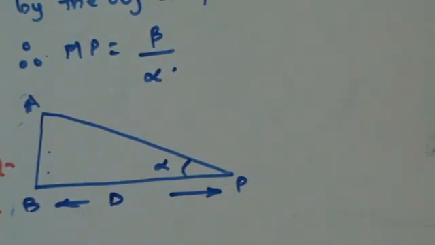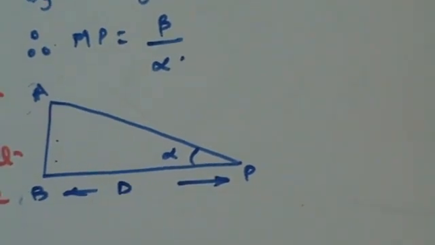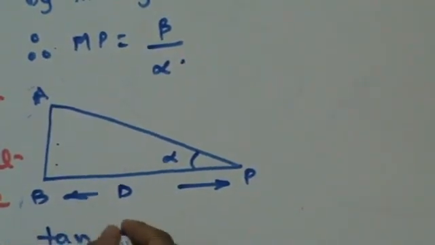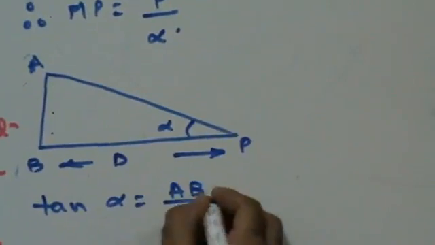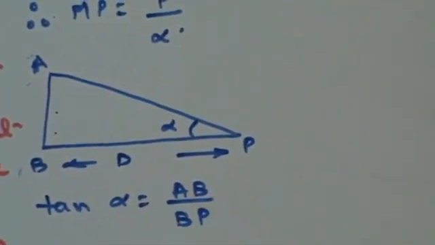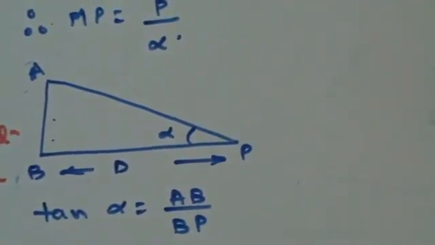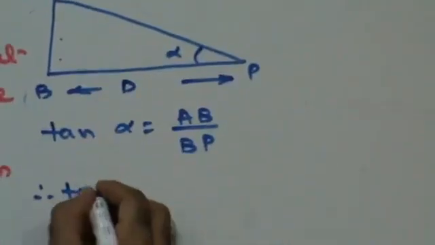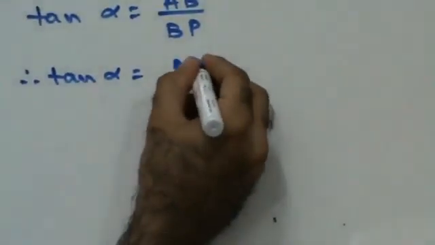Now, in that case, what will be tan alpha? Tan alpha will be nothing but AB upon BP, opposite upon adjacent. Therefore, I can say that tan alpha is nothing but AB upon D.